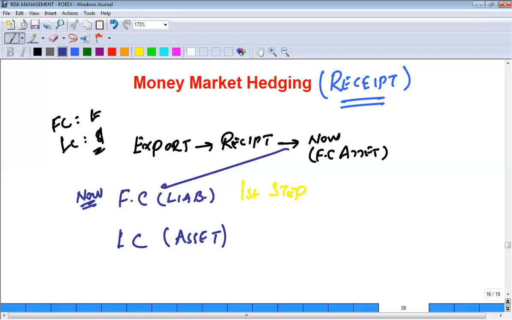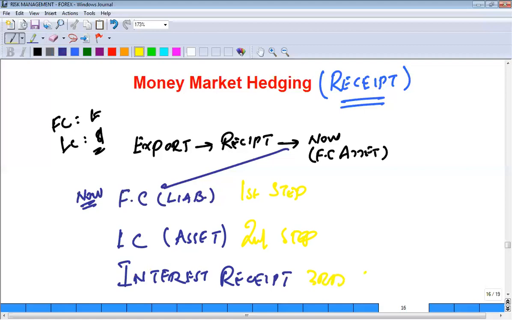We sell the foreign currency and convert it to an investment. And the third step is to receive the interest, based on this local currency.